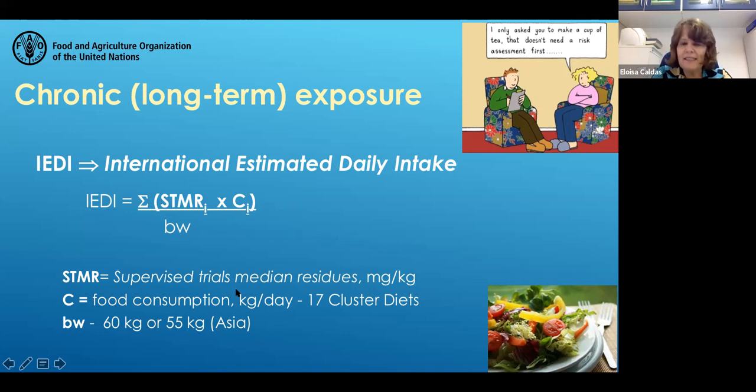When I started in GMPR in 1997, it was the first time that the STMR was being used to estimate the chronic intake. Before, it was the MRL. And for some time we had a mixture of STMR and MRL.